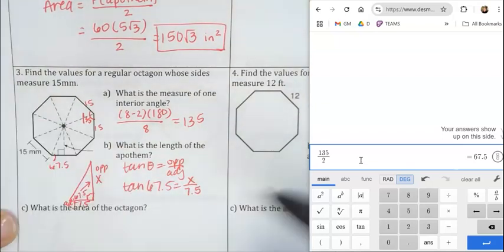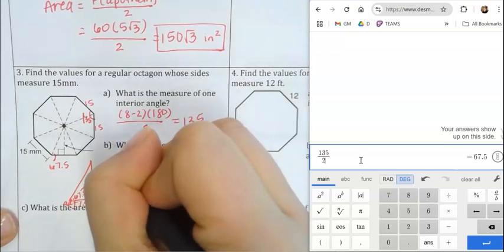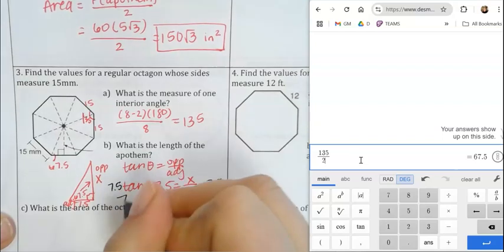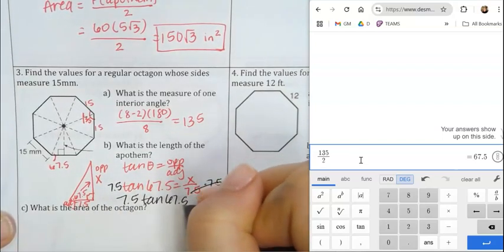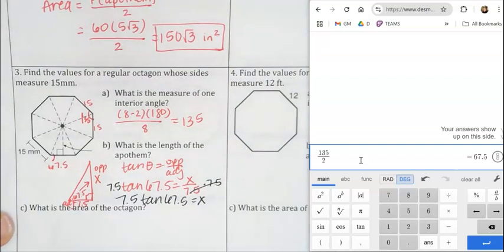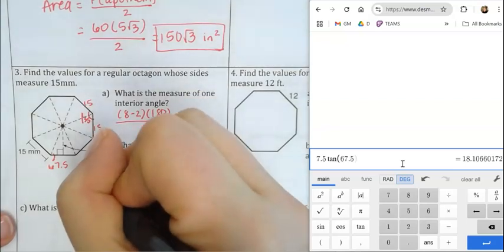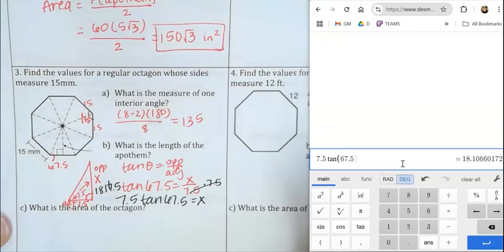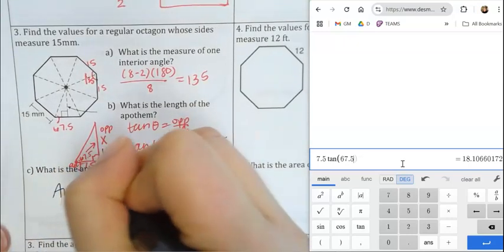To get x by itself, I'm multiplying both sides by 7.5. I get 7.5 times the tangent of 67.5 gives me x. So, making sure that my calculator is in degrees, 7.5 tangent of 67.5 gives me 18.11. So now for my area, we need our perimeter times our apothem.